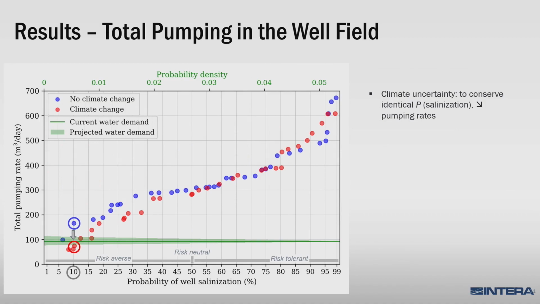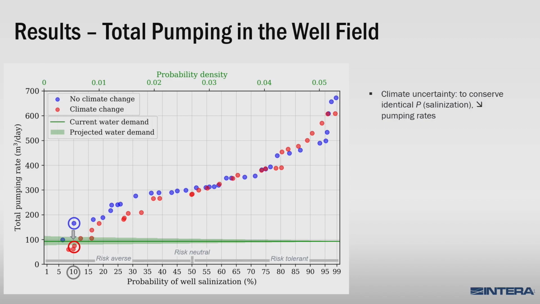So here I'm showing a similar sort of figure where we have increasing pumping rate in the well fields versus increasing probability of salinization, when we neglect climate change in blue and when we consider climate change in red. And I also superimposed the probability distribution of the projected water demand here in green.